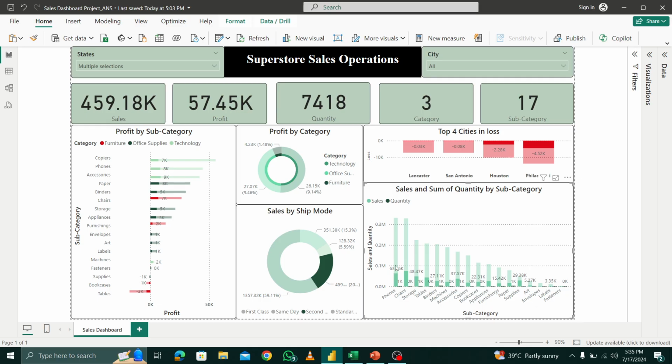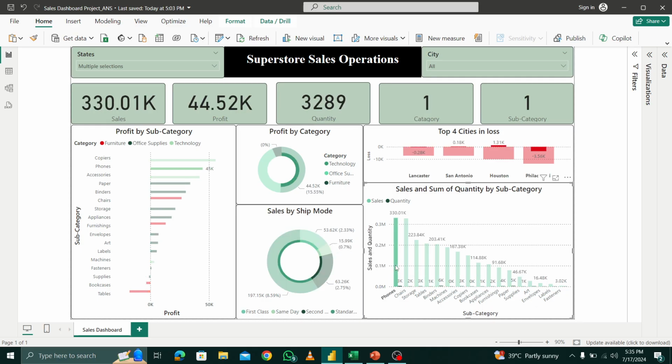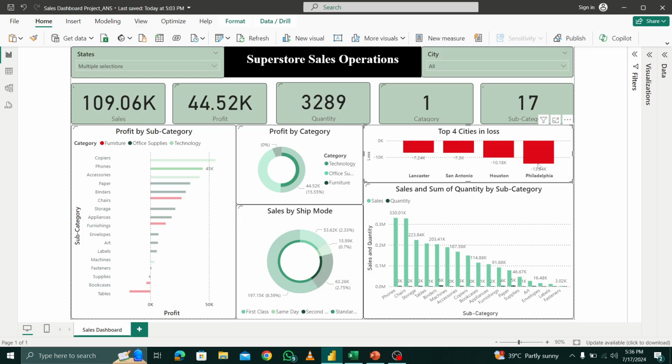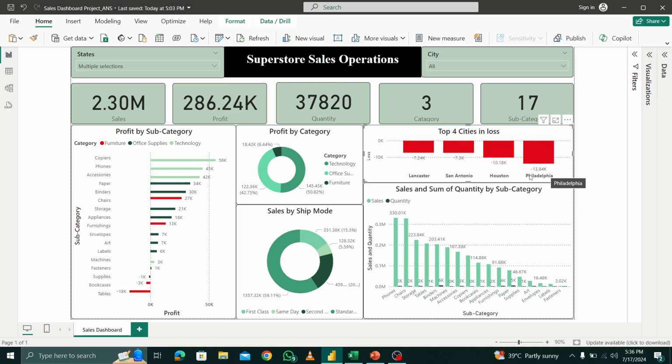You can also see here that the phones are making most of the sales, but they are not making most of the profit. They are at second number in profit making. Also, we can see that the cities that are making loss are Philadelphia, that is making 13.84K loss, then there is Houston, then San Antonio, and last there is Lancaster.